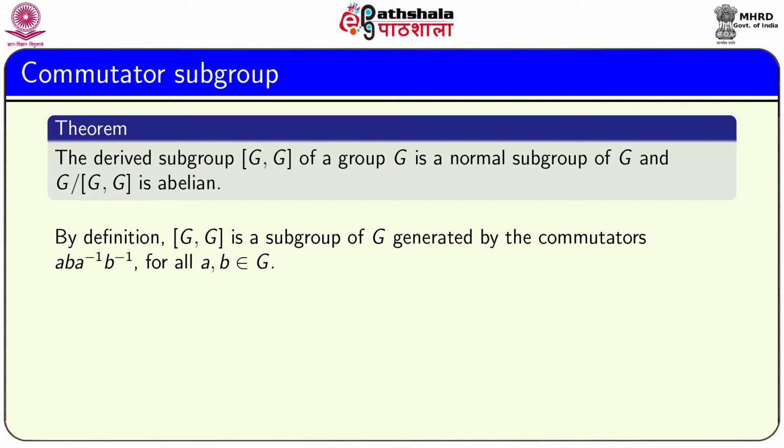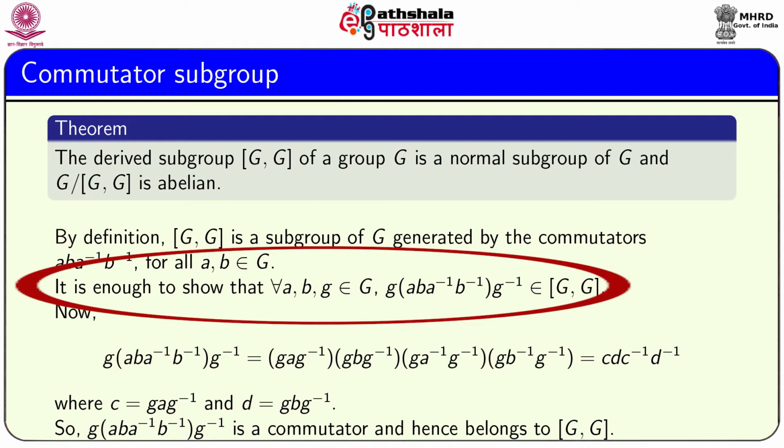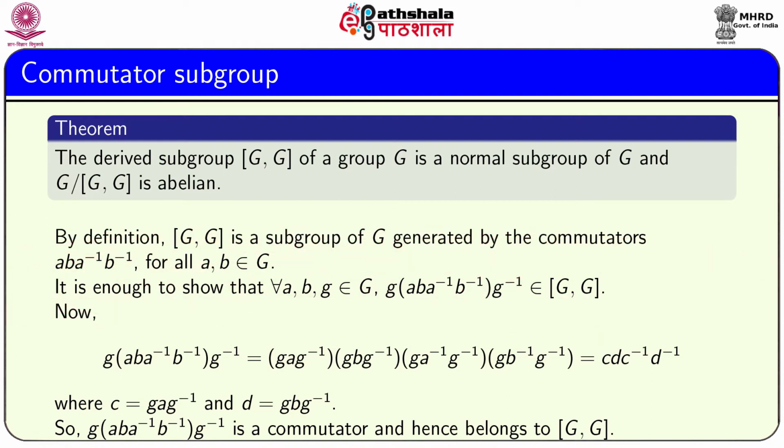Let us first prove that it is a normal subgroup of G. By the definition of the commutator subgroup, all the elements A B A inverse B inverse are inside the commutator subgroup whenever A and B are taken from G. Now, it is enough to show that for any g belonging to G, g multiplied by one generator A B A inverse B inverse multiplied by g inverse should be inside the commutator subgroup.